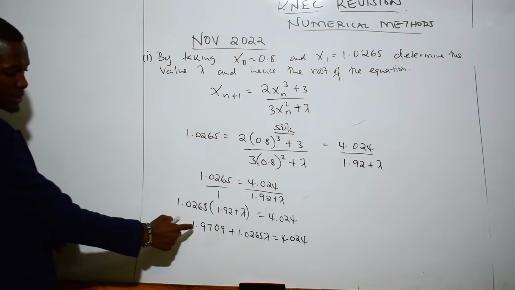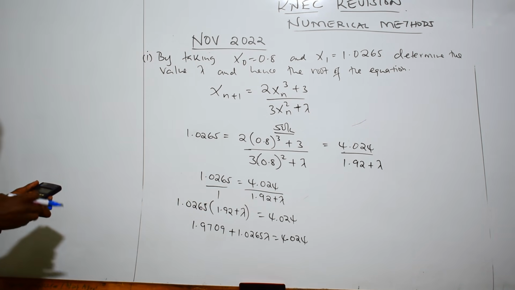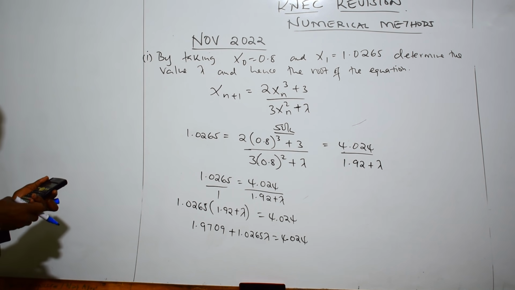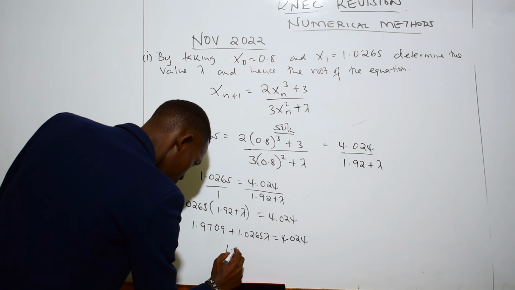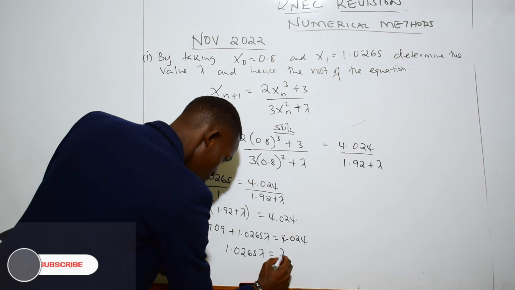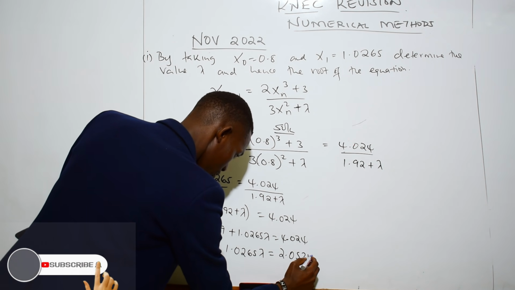4.02024. Now take this term to the right hand side, so we shall have 1.0265 lambda gives you 2.05312.